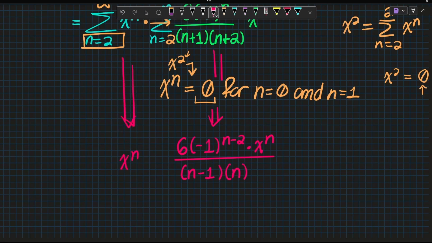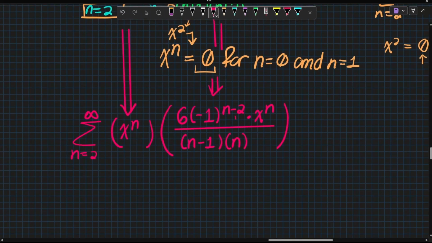But now, since we have the two proper series and the same bounds, we can take the product of both, and they both have the same bounds, n equals 2 to infinity. But because we made this adjustment of subtracting the powers, we can start this n at 0.